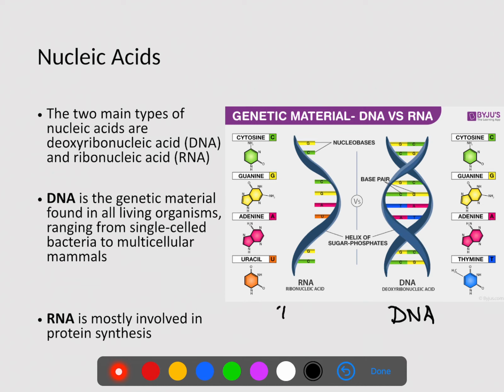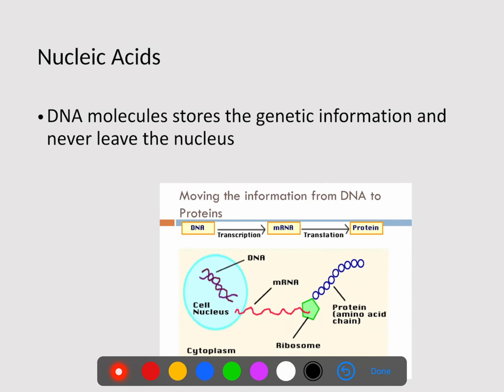Now, RNA, notice how it is single-stranded, not double-stranded like DNA, is mostly involved in protein synthesis. And what it does is it sends the instructions from the DNA to the protein to make our molecule. Okay? So, nucleic acids, DNA molecule stores the genetic information.